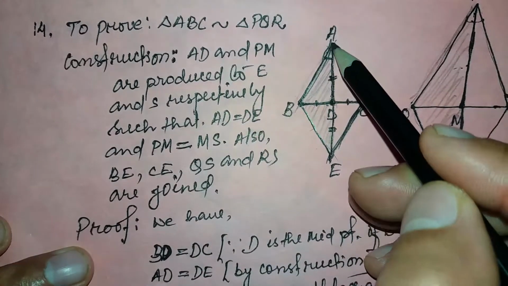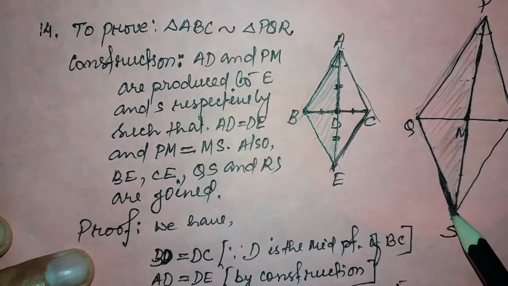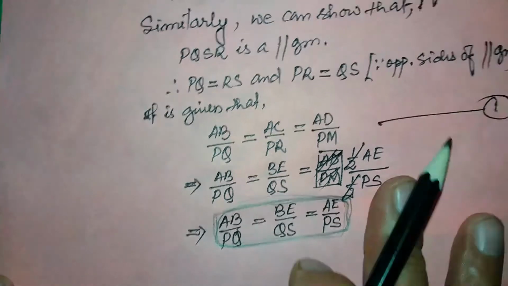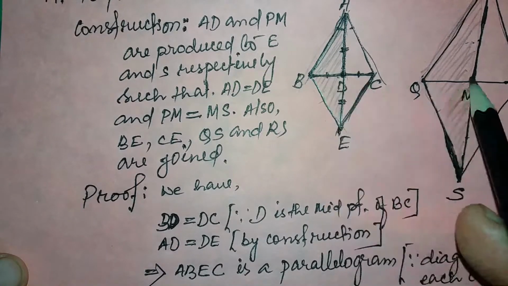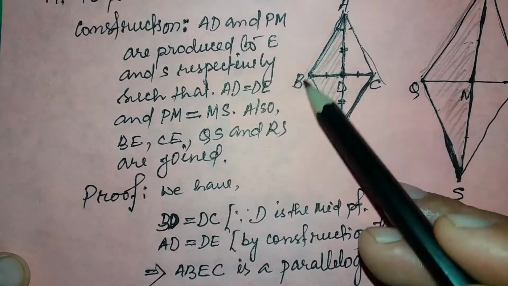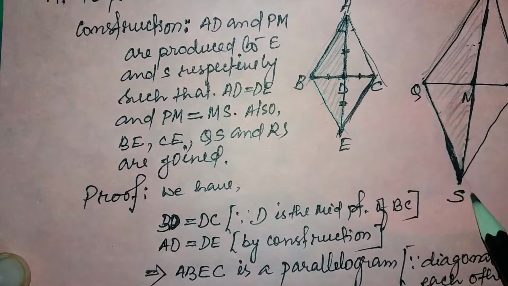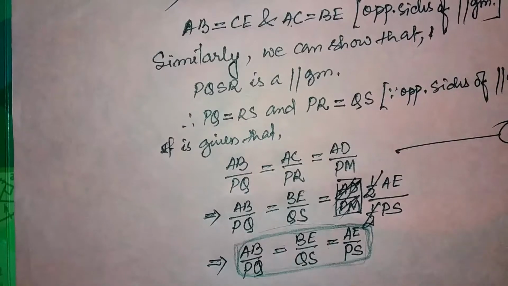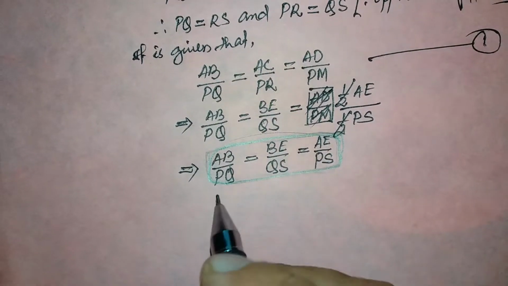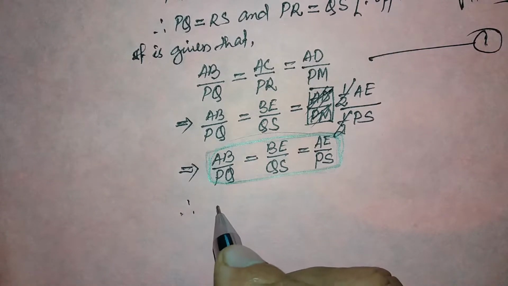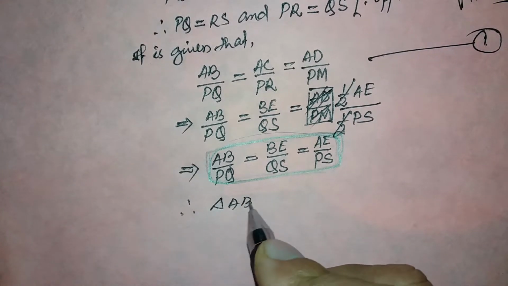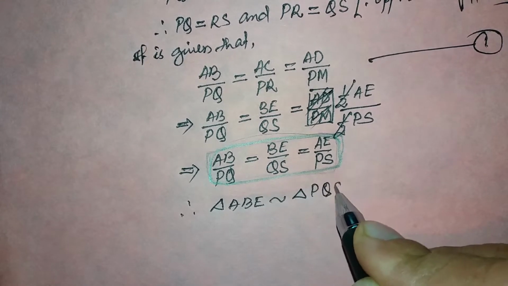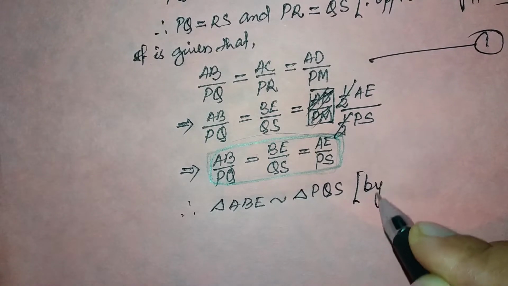So what we got here is that the corresponding sides of these two triangles are proportional. That is, the ratio of this and this is equal to the ratio of this and this, and the ratio of this and this. So therefore by SSS similarity, these two triangles are similar. Therefore triangle ABE is similar to triangle PQS. This is by SSS similarity.